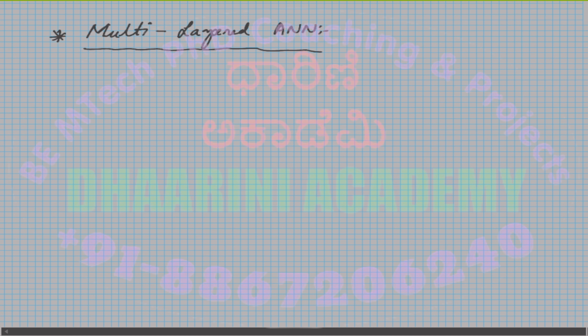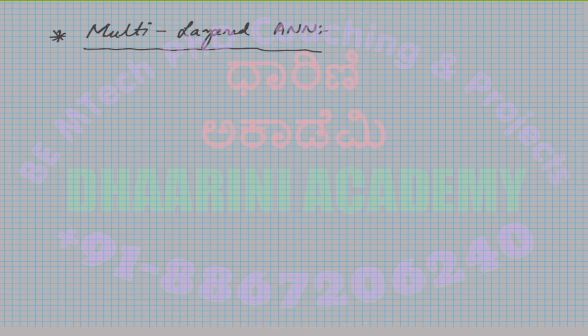Right now our effort is to overcome the limitations of a single layered neural network. The solution for that is nothing but a multi-layered neural network architecture, right?